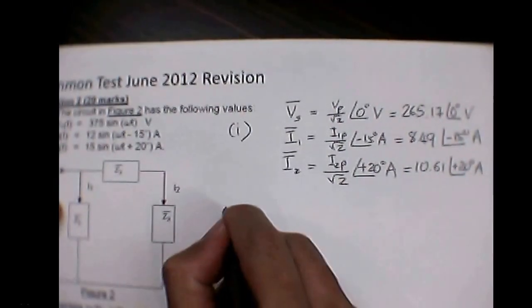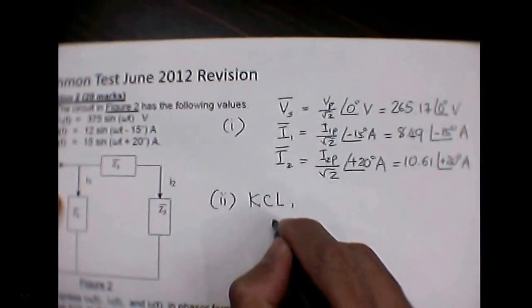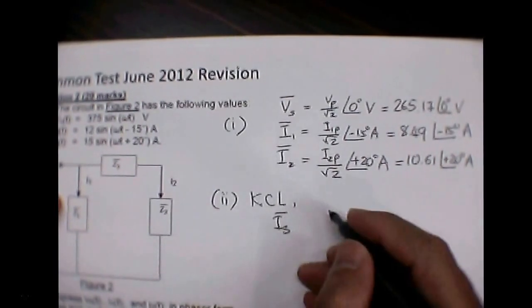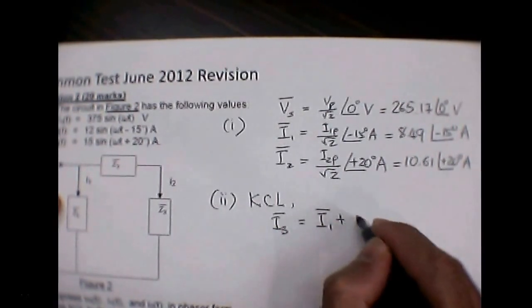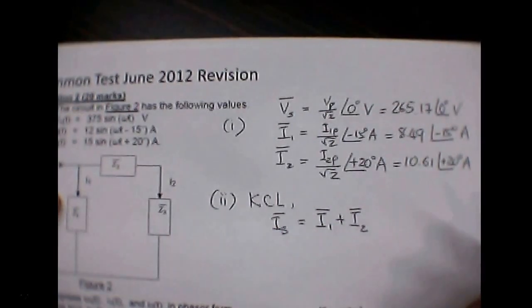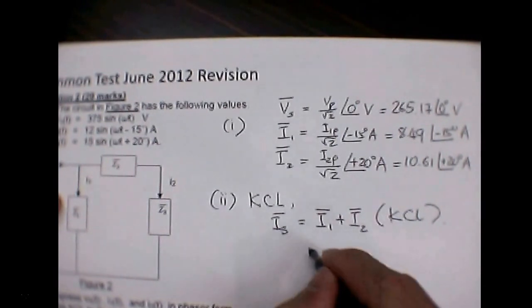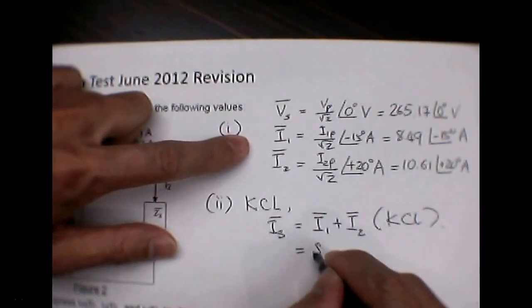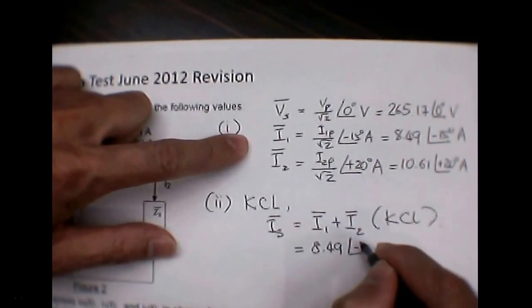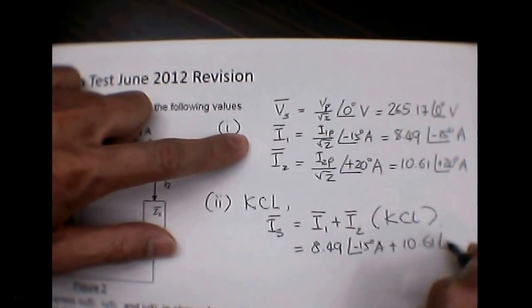Now for part 2, we make use of Kirchhoff's current law, which states that the total current in the circuit equals the branch 1 current plus the branch 2 current. If I substitute in the phasor values, I get 8.49 at an angle of minus 15 degrees ampere plus 10.61 at an angle of 20 degrees ampere.